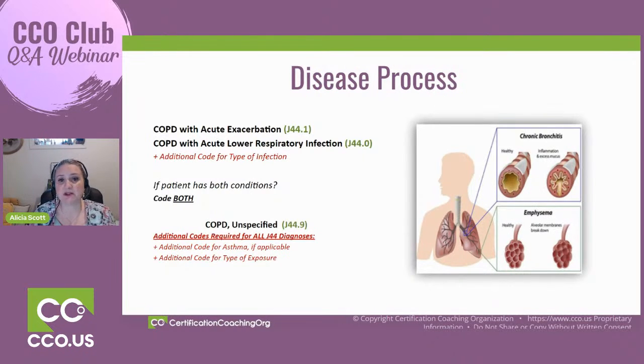And you would always append those if they're applicable. If the doctor lists a history of smoking dependence or nicotine dependence, or they're a current smoker, or they've been exposed to cigarette smoke, keep that in mind. More codes.